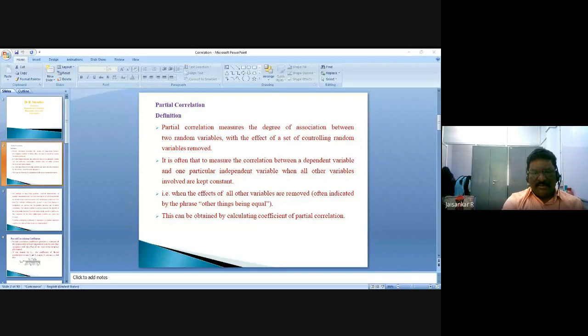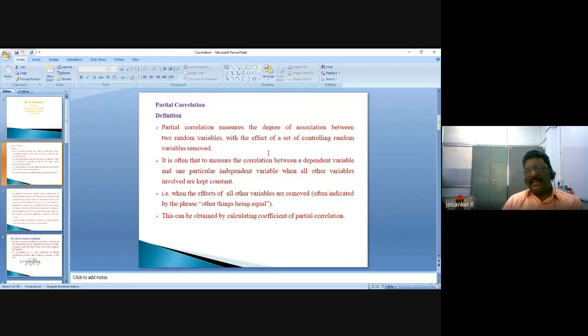What is partial correlation? Partial correlation can be found when we have more than two variables in our study. For example, the yield of a crop is affected by very many variables: rainfall, temperature, soil fertility, area, weather. All these variables contribute towards the yield of a crop.